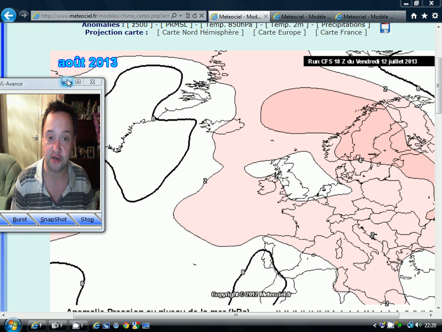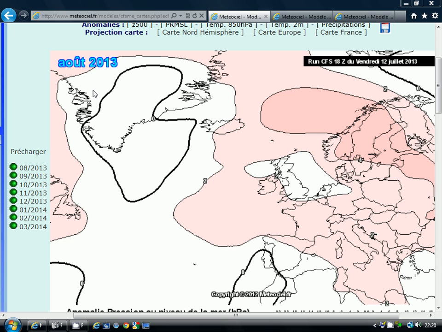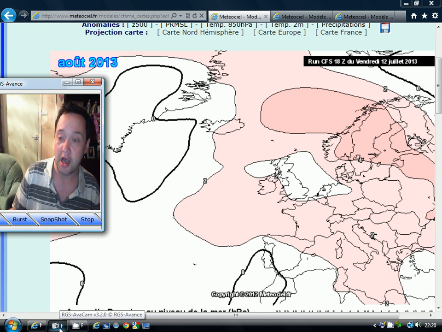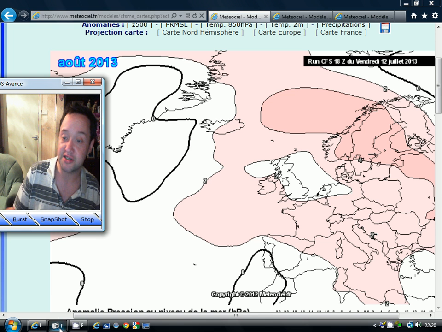So we're going to start off with sea level pressure first of all. For August, mean sea level pressure for the month of August, and this is what the CFS model is showing just at the moment. I should explain that the CFS model is updated twice a day, and these charts are ever changing. I'm doing this Saturday evening, so if you have a look at this on Sunday morning, it's quite likely that this chart would have changed over, so it'll be showing something a little bit different.